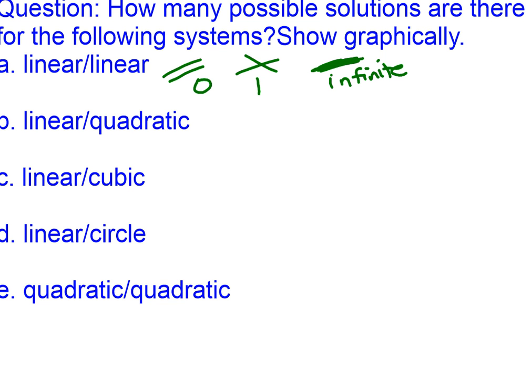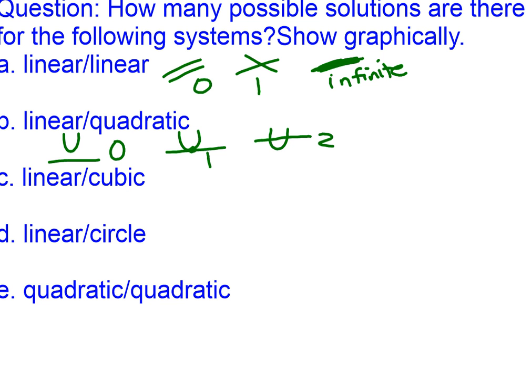For a linear and a quadratic, we could have the quadratic like that and the line like that, so it can have 0 solutions. We can have the quadratic like that and the line like that so there's one solution. We could have the quadratic like that and the line like that so there are two solutions.